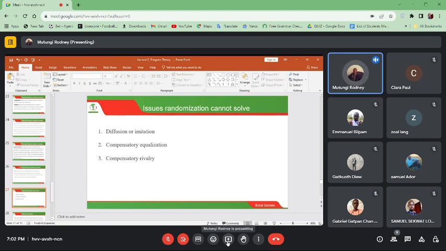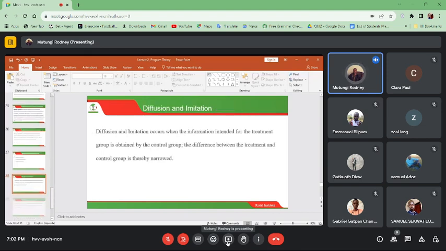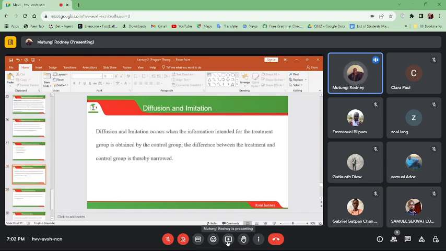But at the end of the day, even when you do this randomization, there are some issues that always come in place. One of them is diffusion and imitation. In this case, you have information crossing over from the treatment site to the control group.